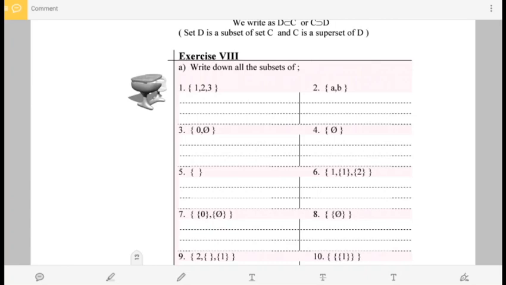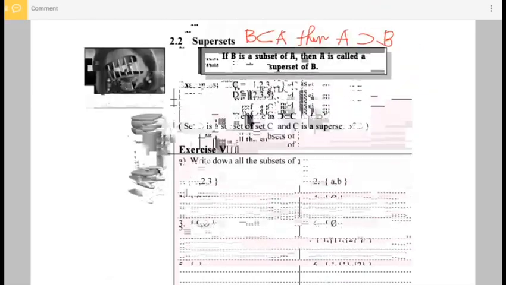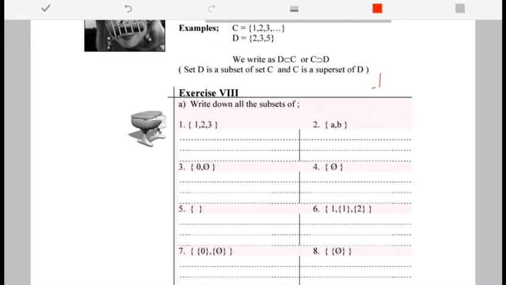This is the formula that we need to follow. If n of A, or the number of elements of your A, is m, then the number of subsets is simply 2 to the power of m.